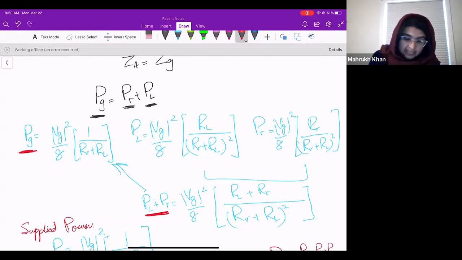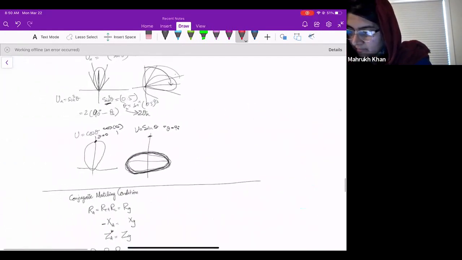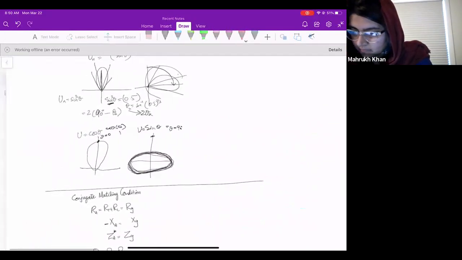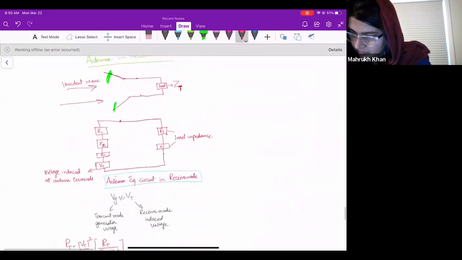So in this scenario, instead of power supplied, we said that there is power captured. But in this scenario, your PG, what do you think? Your PG should be equal to PR plus PL, which means, sorry, I think this is the scenario.